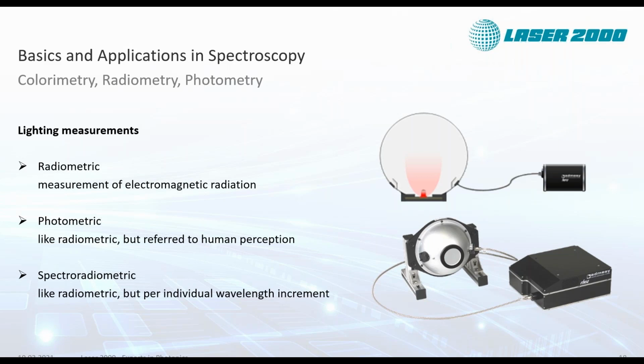Then you have photometry, simplified said, which measures a bit the same, but the results are more referred to the human perception of light. And then there's spectroradiometric measurement, which breaks it down to an even more scientific or precise scale by measuring the light by each individual wavelength increment.